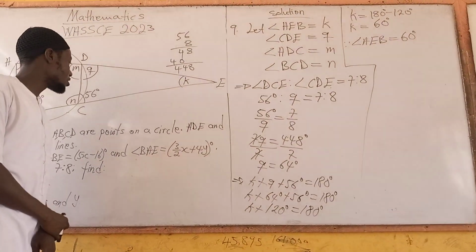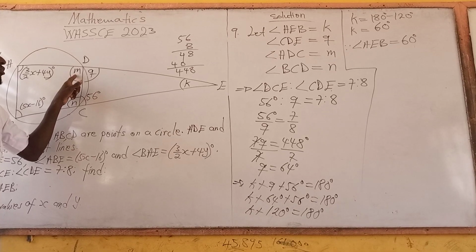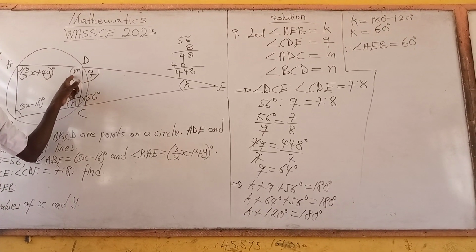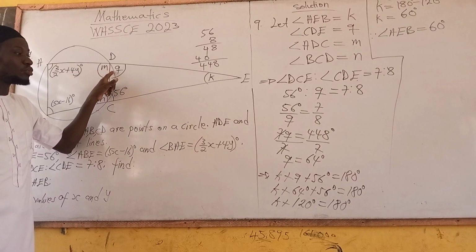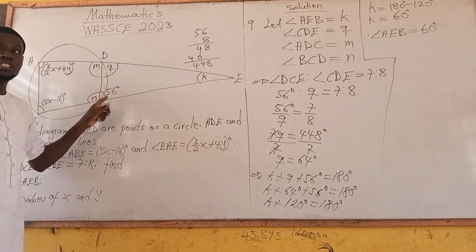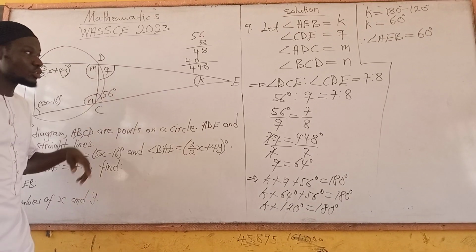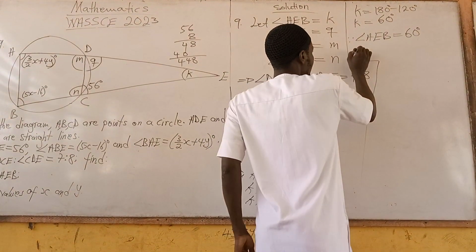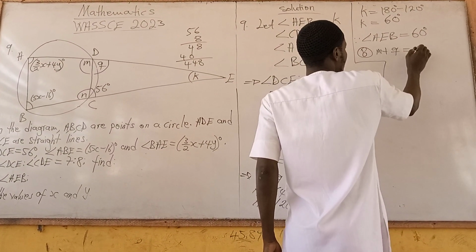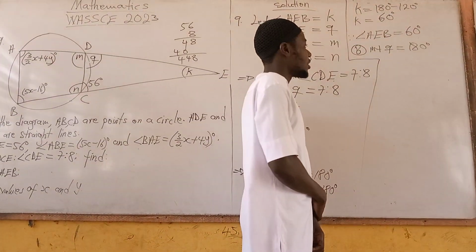Now, having found that, we then find angles M and N. To find angle M, we use the adjacent angle on the straight line, because we now know Q to be 64 degrees. Here too, to find N, we use the adjacent angle on the straight line with this angle. So angle M plus angle Q should be equal to 180 degrees, because they are adjacent angles on a straight line.